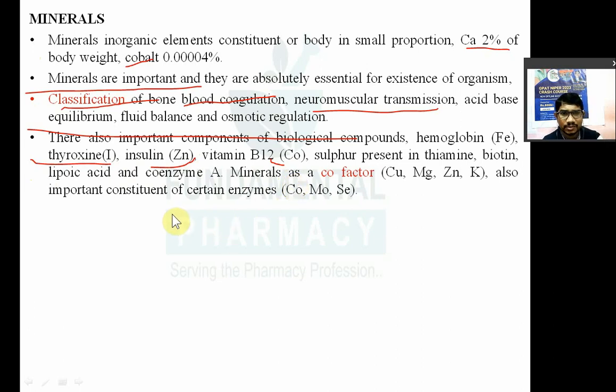Lipoic acid, coenzyme A, thiamine, and biotin all contain sulfur. So they are important components of biological compounds like hemoglobin, insulin, thyroxine, and vitamin B12.